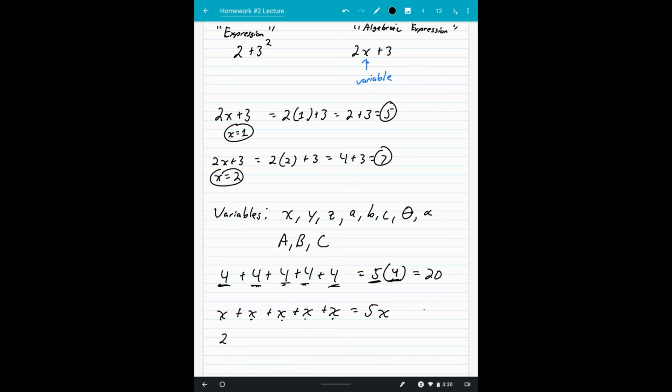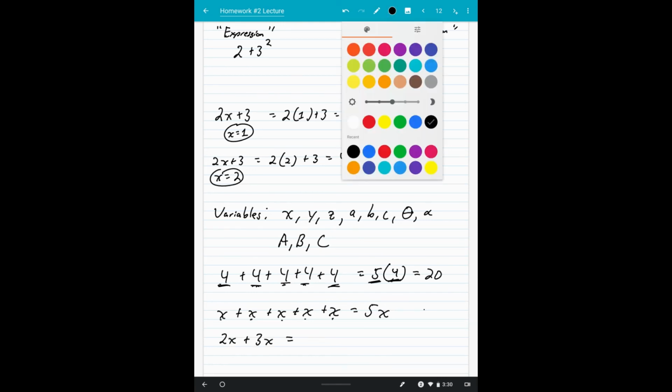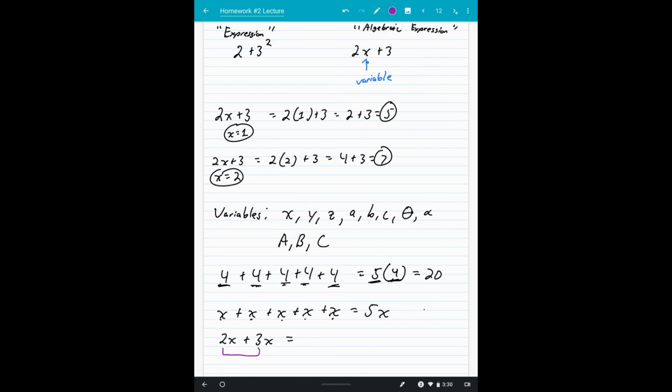If I have something like 2x plus 3x, we combine the coefficients in the front. These numbers right here, the 2 and the 3, they're called coefficients. Just combine the numbers in the front, that would also make 5x. So we can combine like terms if the variables are the same variable.